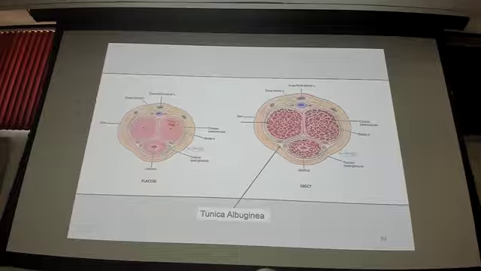It's not contiguous with this membrane, but it's the same tissue. It surrounds both the spongiosum and the cavernosum. Okay, and then once you have erectile function here, you see these veins become compressed.